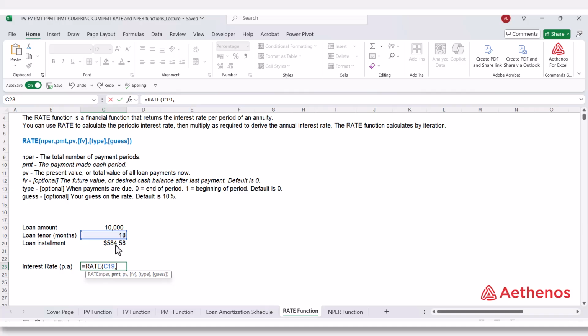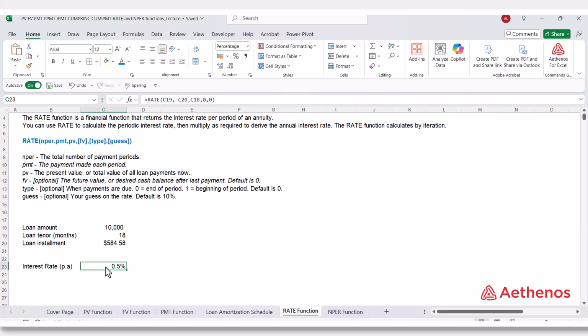The monthly payment we have to give as a negative value, minus 584.58, and present value is the loan amount, 10,000, and future value is 0, and the type is end of the period. The guesstimate we don't really have to put, so I leave that blank and press enter, and I get 0.5%.